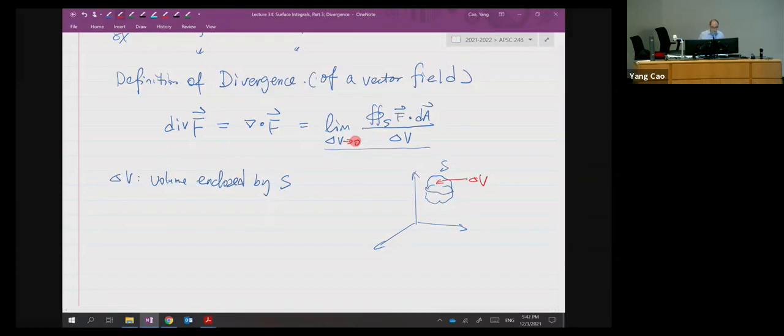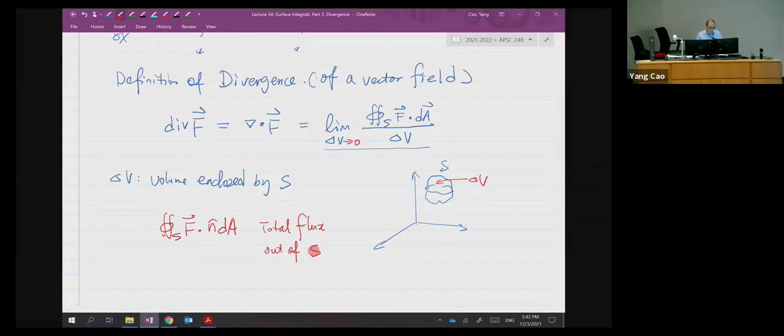Now I think we're ready to interpret it. Number one, the numerator. Either way, dA vector or dA. The numerator here, what kind of calculation is that? A surface integral gives you the flux, right? It gives you the total flux out of S. It's the total flux out of the F here.